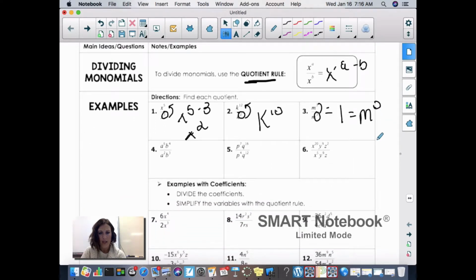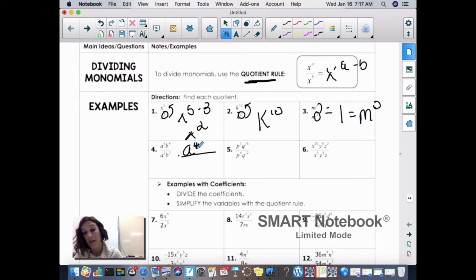Okay, so looking at example 4. Now I have multiple variables. So with multiple variables, I split the variables apart and I do them separately. So starting with the a's, I have a to the 6th power in the numerator and a squared in the denominator. So I'm going to take that 2 up and subtract. So in the numerator, I have a to the 4th power.